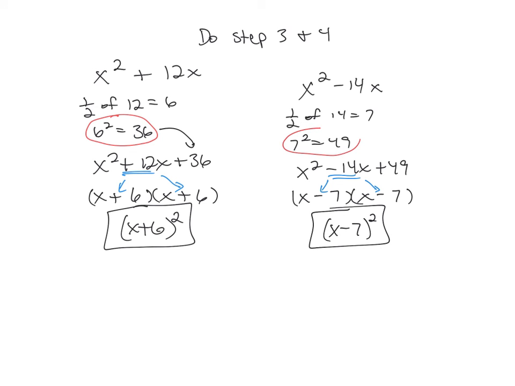And when you square something, two negatives make a positive, two positives make a positive. It's always going to be positive at the end. So therefore, when we factor, it's always going to be the b term, whatever sign that is. So if it's positive like the 12, both positive. If it's negative like the 14, both negative. Okay?